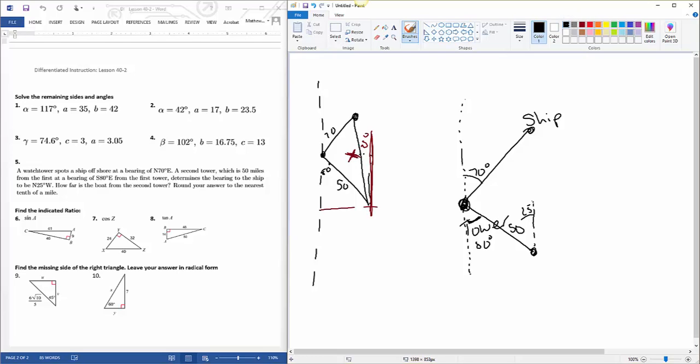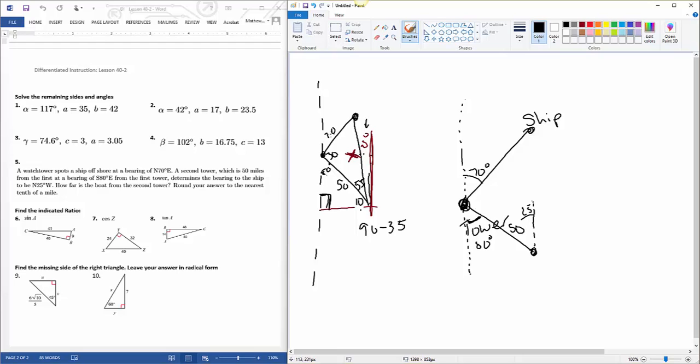So we have a few pieces here. I know that this is 90 degrees, and so if this is 80, this has to be 10. If we found out that this was 25 and that's 10, then this angle right here has to be 90 minus 35. So that's going to be 55. And then this has to be 30, because all of those need to add up to 180.